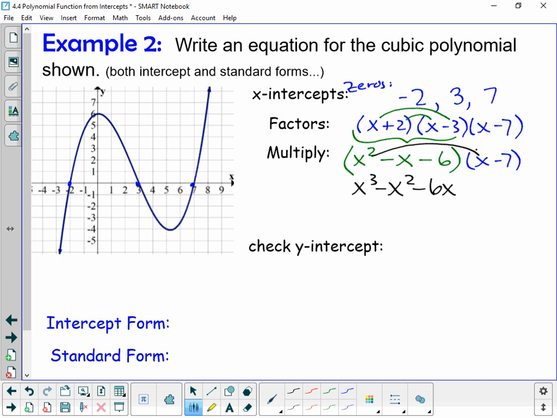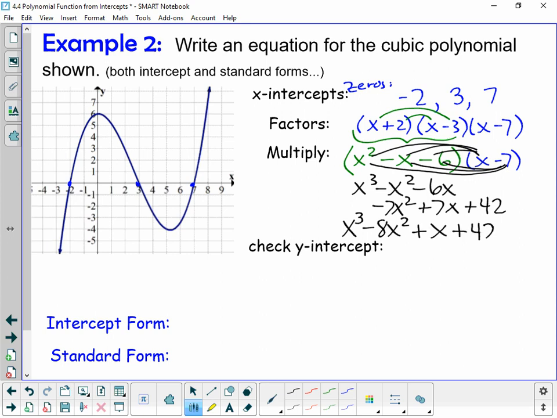So that was distributing the x. Now we'll distribute the negative 7. That will be negative 7x squared, positive 7x, positive 42. That's just distributing the negative 7. So if we combine our like terms, we have x to the third minus 8x squared plus x plus 42.